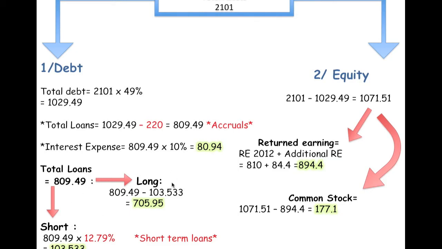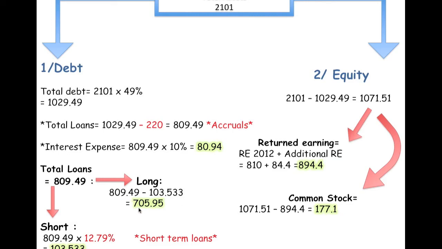To get the amount of the short-term loans, you multiply total loans, 809.49, by short-term loans in the given table, which is 12.79%. To get the long-term loans, we just deduct short-term loans from the total loans.